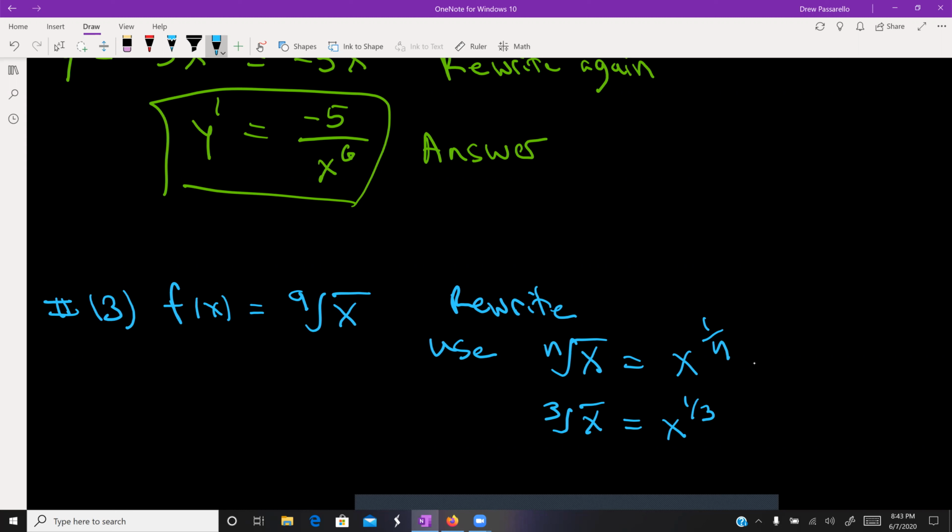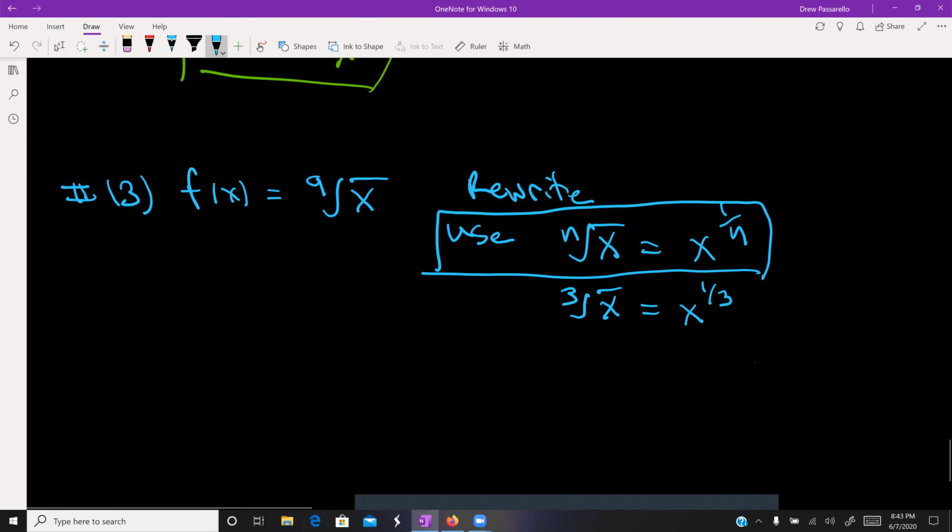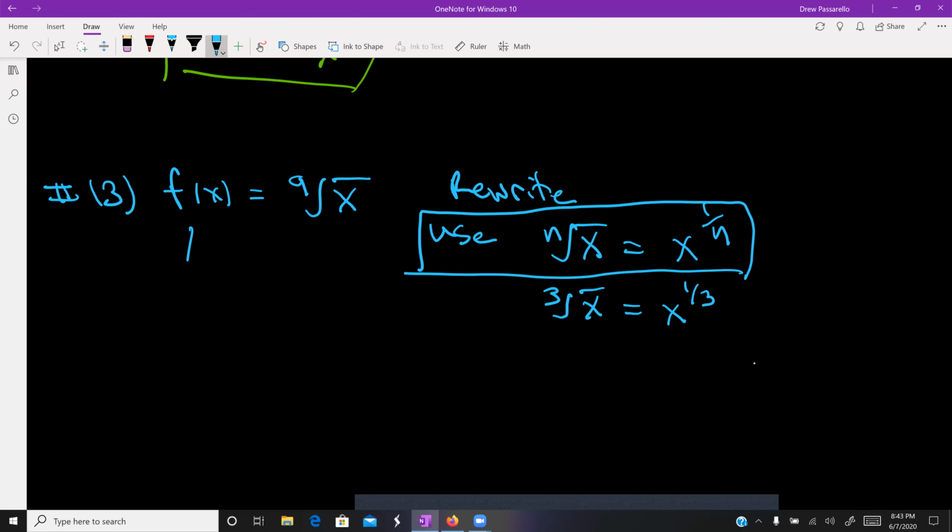This is an algebra rule involving exponents and the radical sign. So for this one, I'm going to rewrite it into f of x equals x to the 1 divided by 9 power.